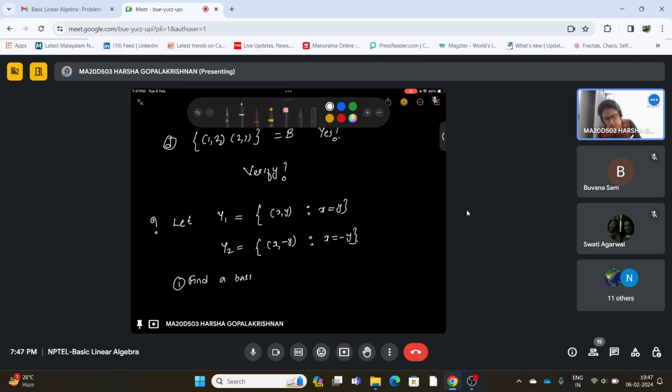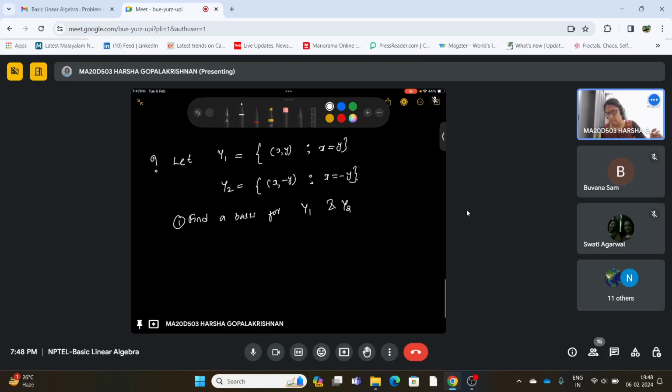Find a basis for Y1 and Y2. The second question is: let S equal Y1 union Y2, find span of S.